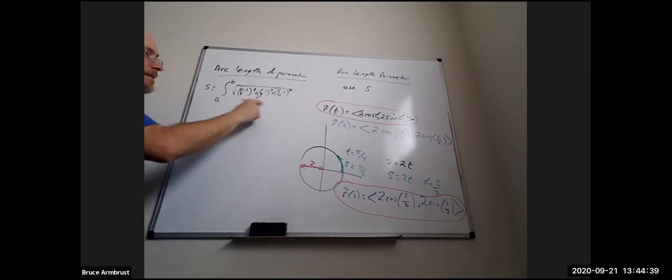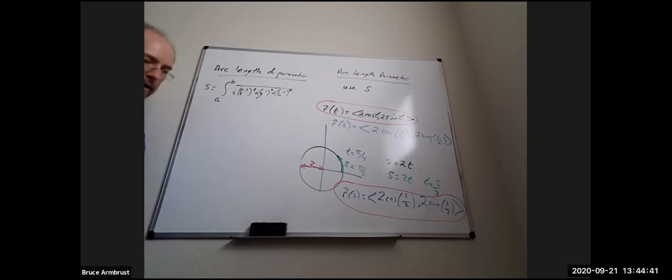So the arc length itself is just the square root of all the squares. But then we would integrate from a to b to get our specific length. So that kind of ring a bell? I hope a little bit.